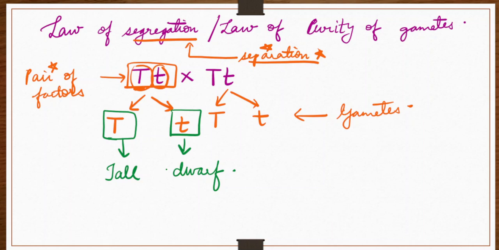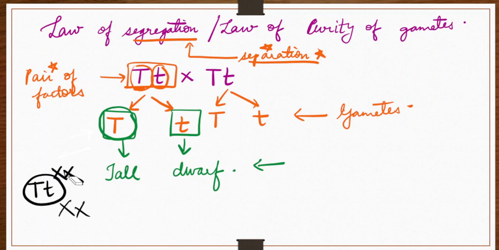Hence we say that gametes are pure. Now why do I say that they are pure? Because it's showing only one thing at a time. If it is a capital T allele, it's carrying only one allele, that is known as capital T. If it had carried capital T small t, then this would not be pure and this will not occur also.